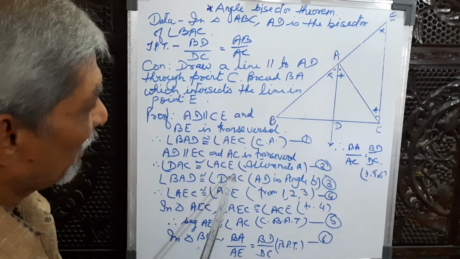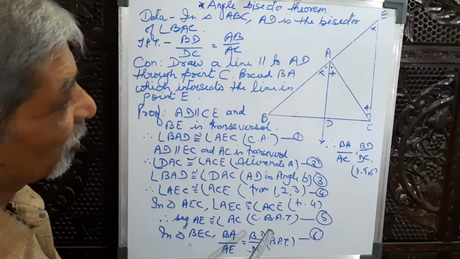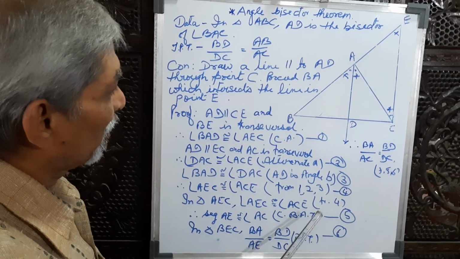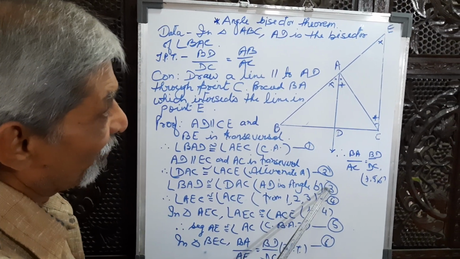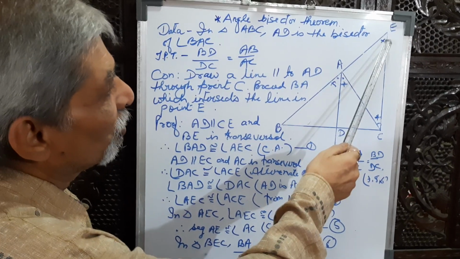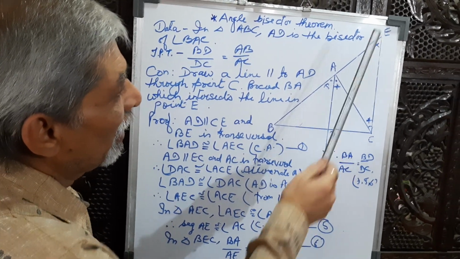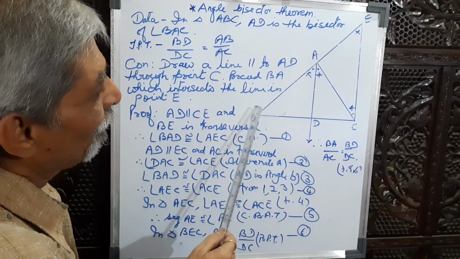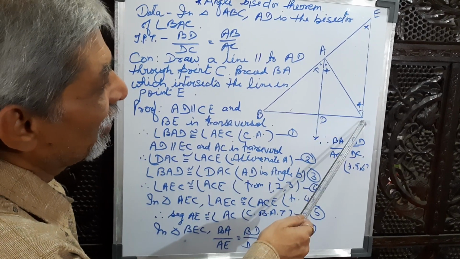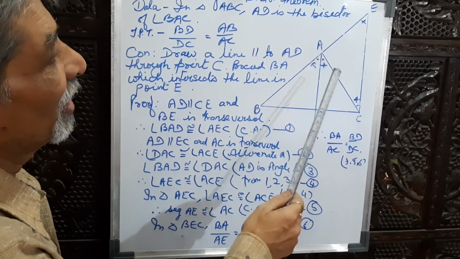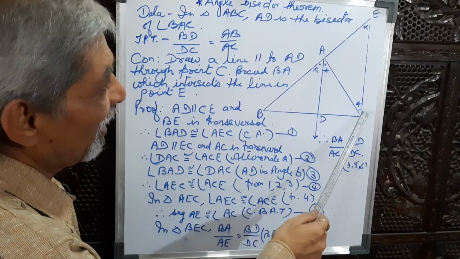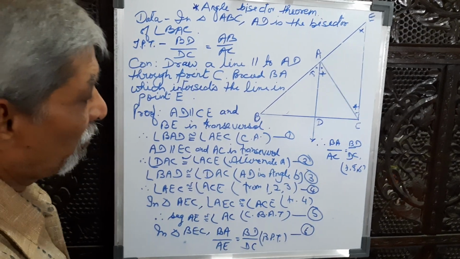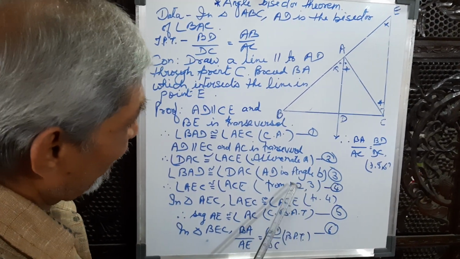When you equate these three equations, equation numbers 1, 2 and 3, you will get angle AEC is congruent to angle ACE by the transitive property from 1, 2 and 3.